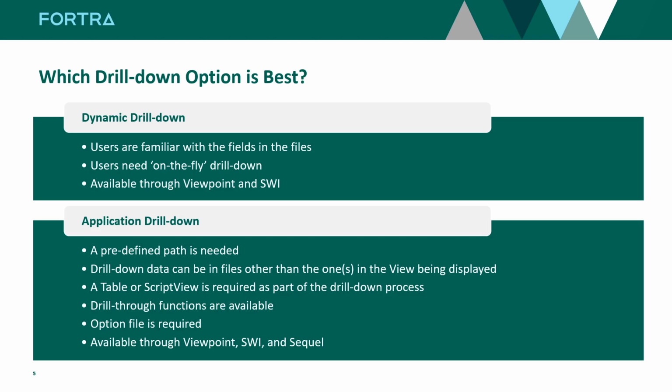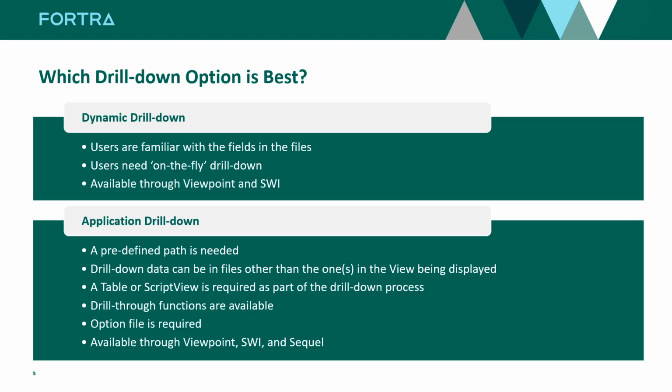The application drill down, again, is a predefined path, so someone would need to create that. But it does have a few additional benefits. One, the drill down can contain data that are in files other than the ones in the view that's already being displayed, whereas dynamic drill down can only drill into the fields that are already in the files in that view.